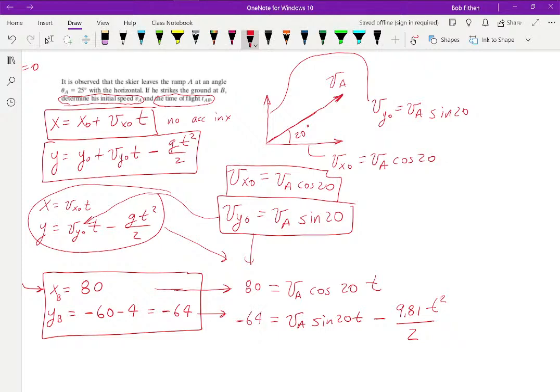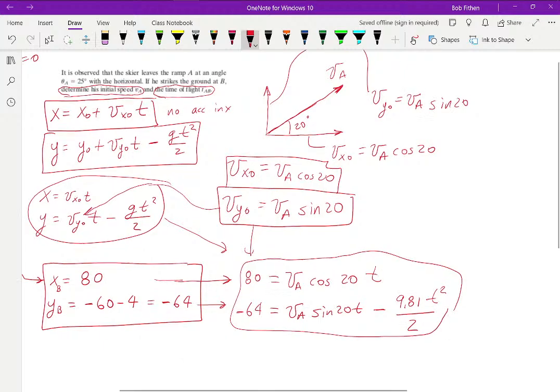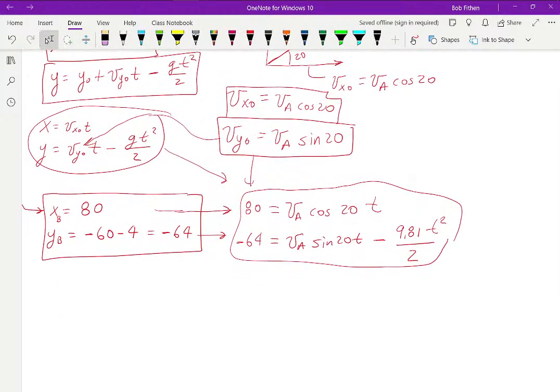So if you stare at this for a little while, you'll notice a couple things. One, you have two equations, and two, you have an unknown that's Va, and you have an unknown that's t, I almost said t squared, but t.